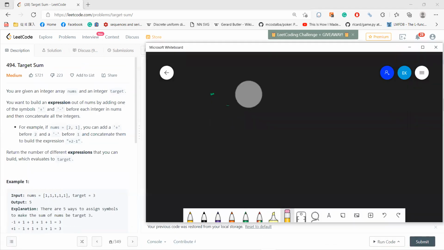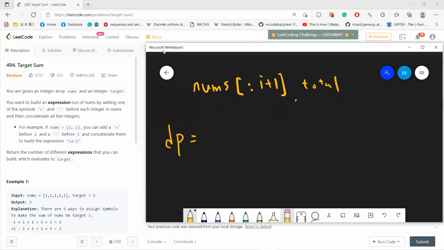The idea is almost the standard strategy. You have arrays, and you can take the first I plus 1 numbers, and also define a total. So you can define a dynamic programming matrix.